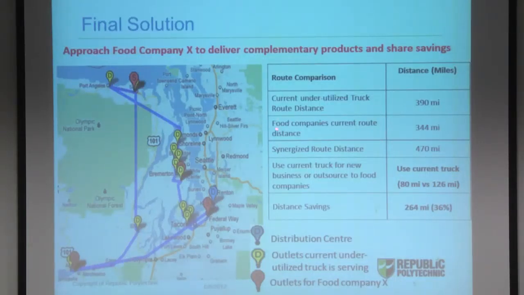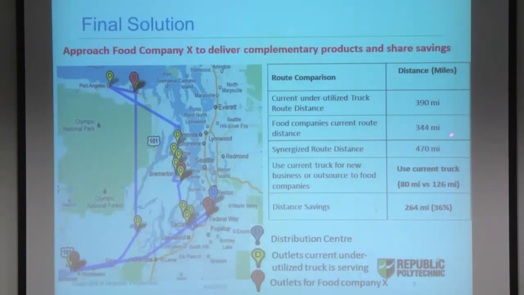Food companies' current route distance. This is a bit more involved because you need to find out, along the delivery route of Domino's Pizza, what the food companies are, and you have to select a certain food company, and the selected food company will be given a route based on where they are on the map.